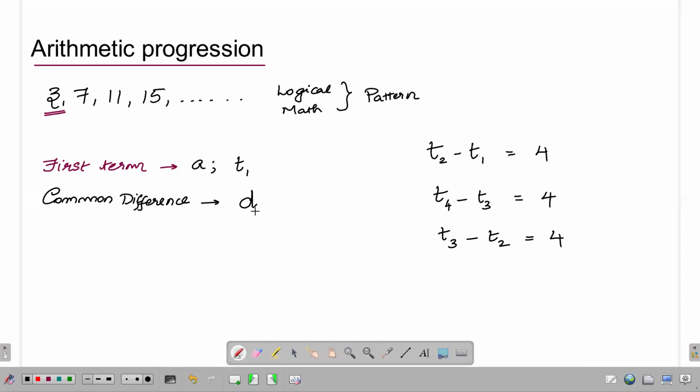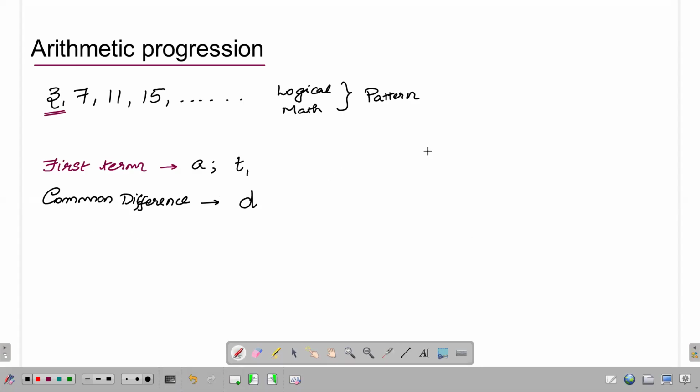If you know the first term and the common difference, as this progression follows a mathematical pattern, you can predict what is going to be the 7th term, the 12th term, the 19th term. Any term in that order you will be able to predict.